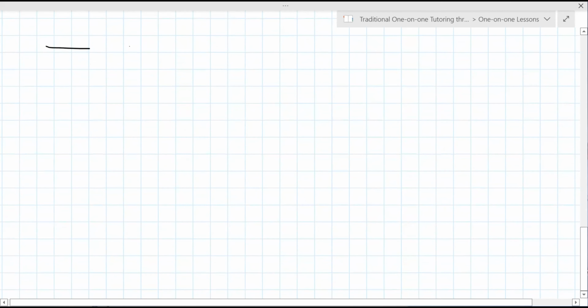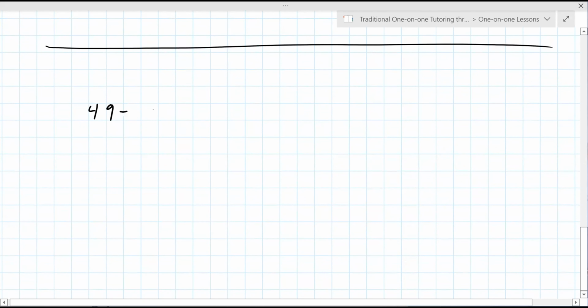Okay, let's try another one here. Let's say it's 49 minus B squared. You have to figure out what you're squaring in each of these to get back. You're trying to go backwards. What number squared gets you to 49?